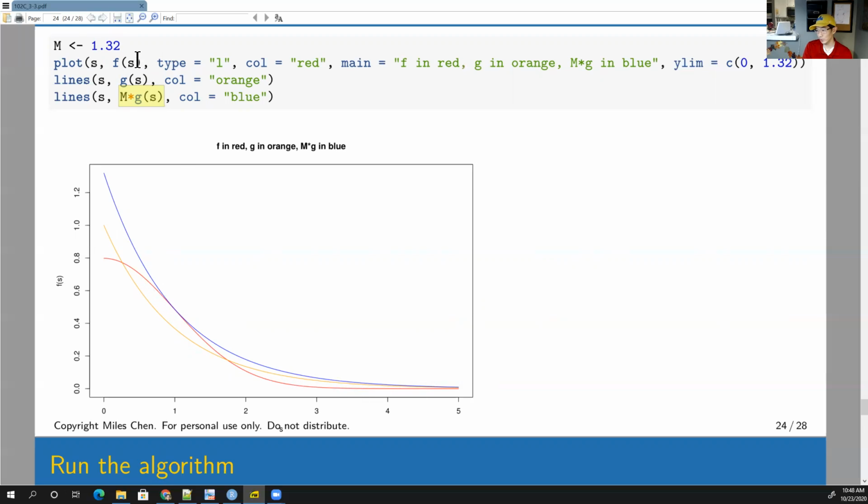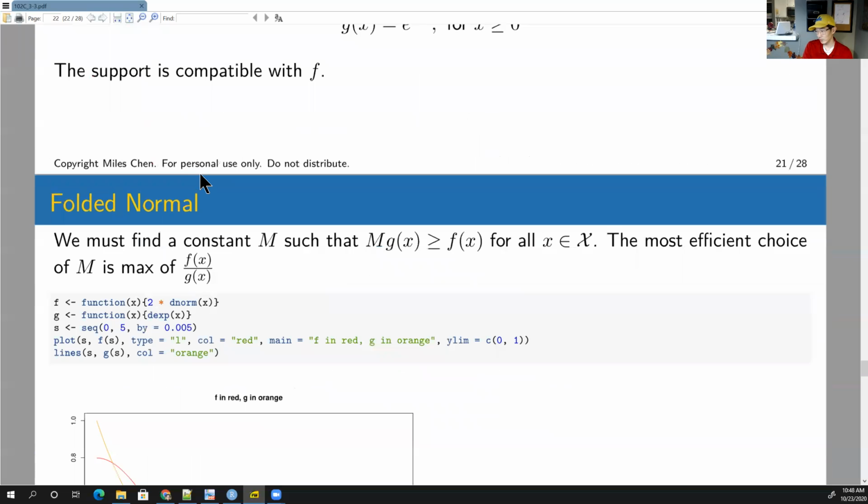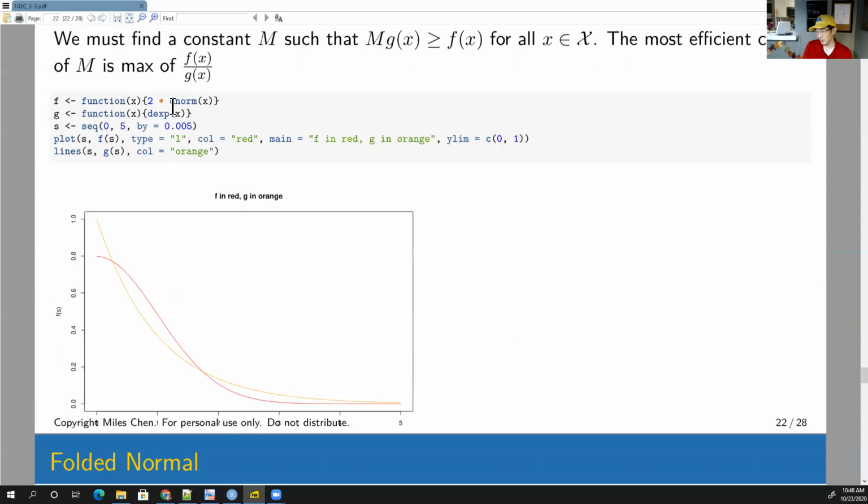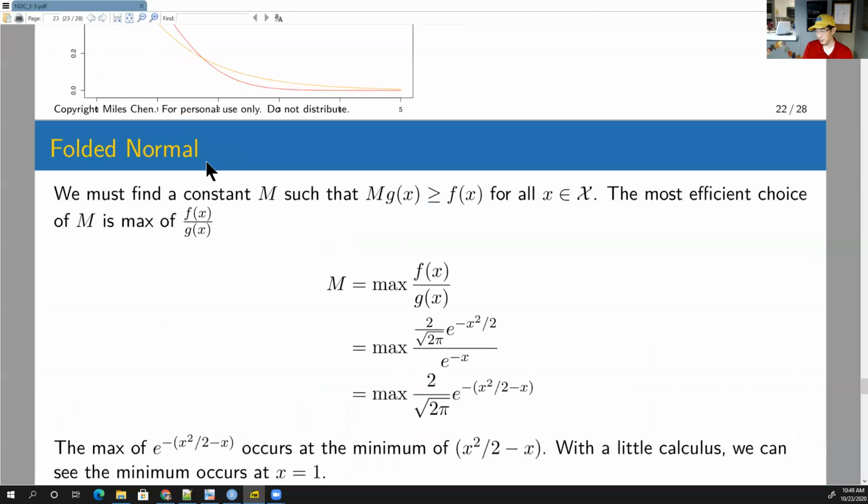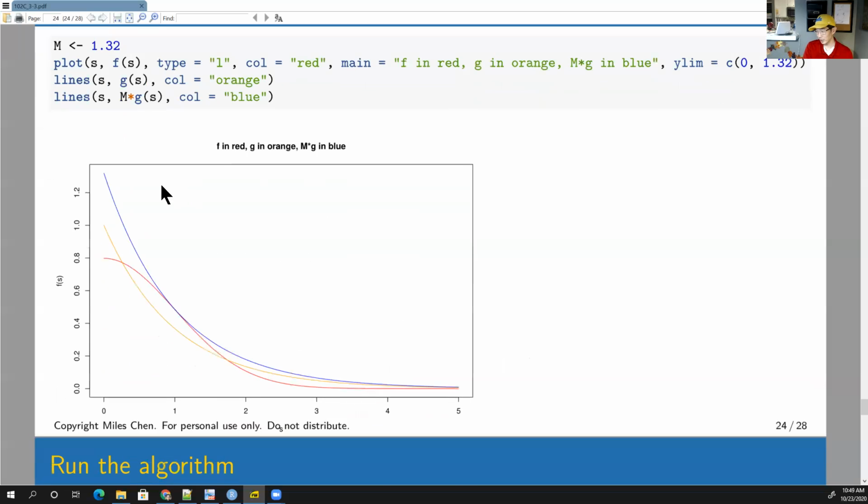The red line represents the PDF of the normal distribution, which I cheated on and used f as 2 times the normal density, using R's normal density function. And g is the density of the exponential. So the red line is 2 times the normal density, and blue is m times g of s.